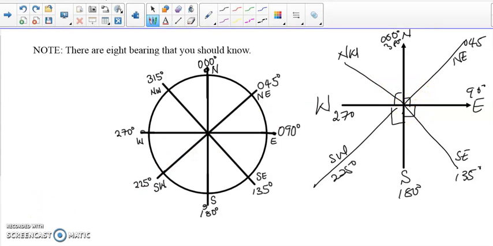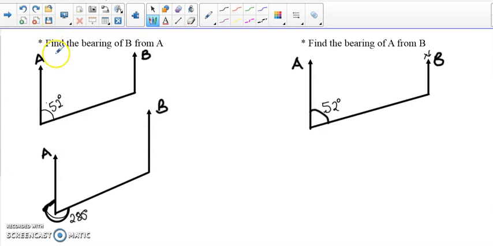Okay, now let's look at some questions. This says find the bearing of B from A. From A, it moves from the north to the line B. That means the bearing of B from A is 52 degrees. In this case also, the bearing of B from A, now look at it, it moves from here to here is 280.